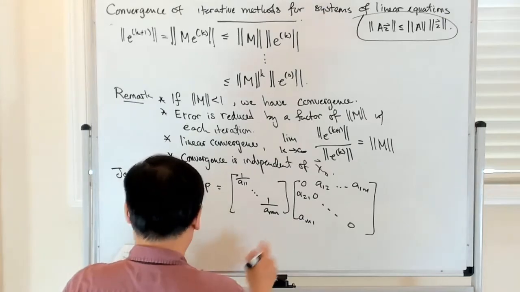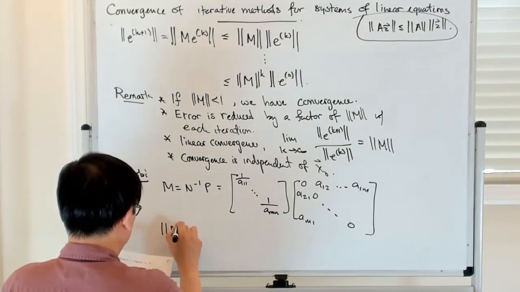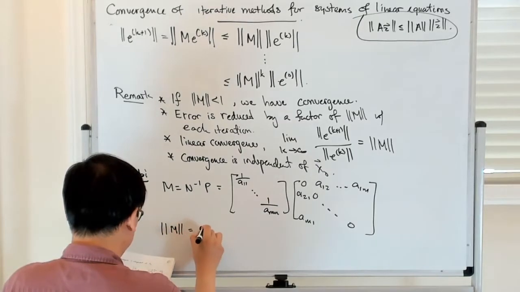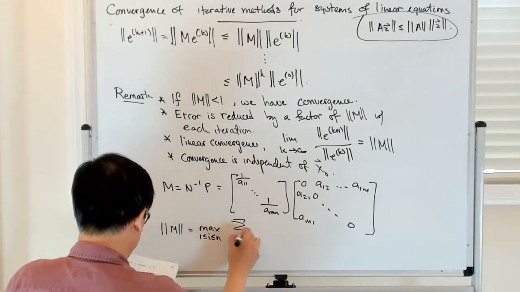So that's the expression, and then the matrix norm in the infinity norm is the maximum over i of the sum.